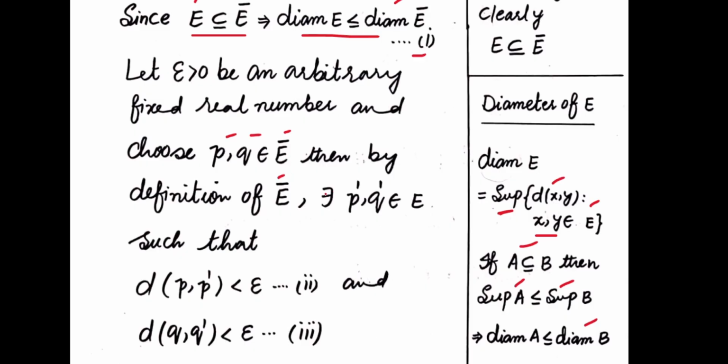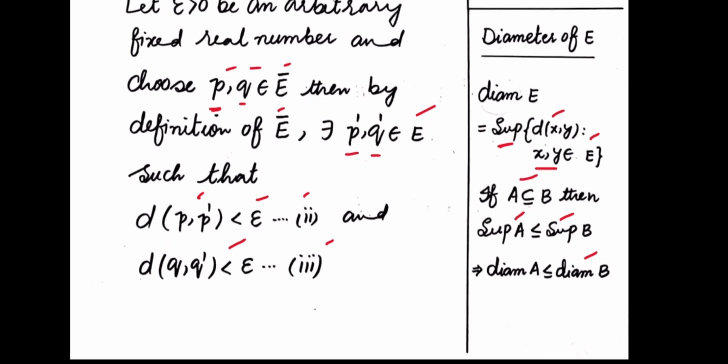So by the definition of limit point that I discussed at the start, we can find 2 points P dash and Q dash from set E such that the distance of this point P from P prime will be less than epsilon. Similarly, the distance of Q from Q dash will always be less than epsilon. Say this is 2 and this is 3.